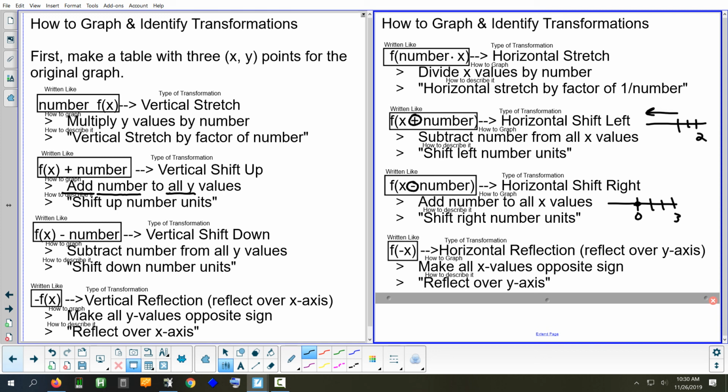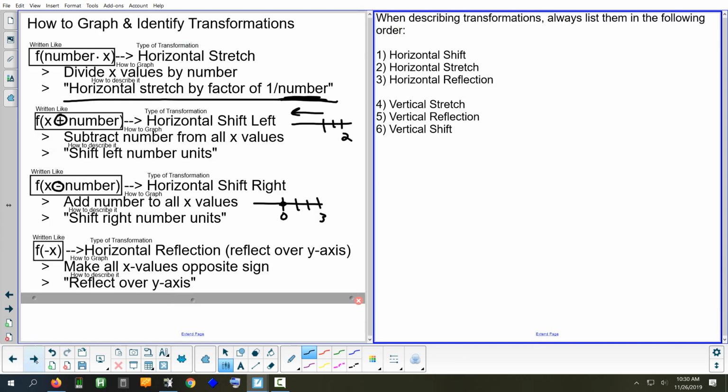So how do you describe it? What does it say to do? Horizontal stretch by factor of 1 divided by number. Exactly. Write this, but fill that number in or use your calculator if you need to.